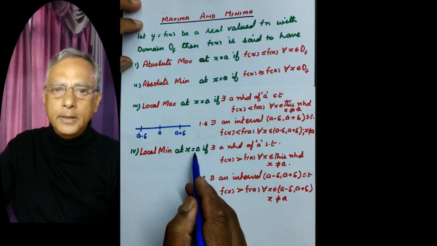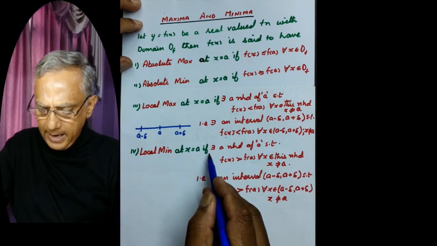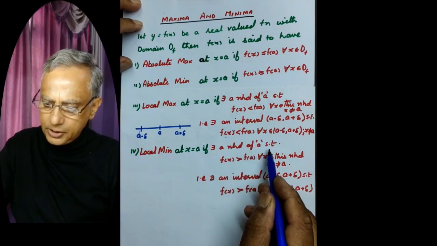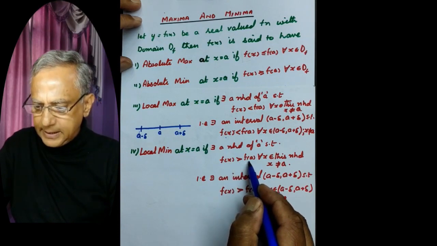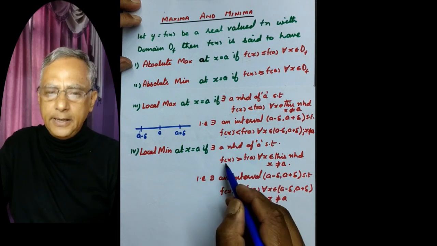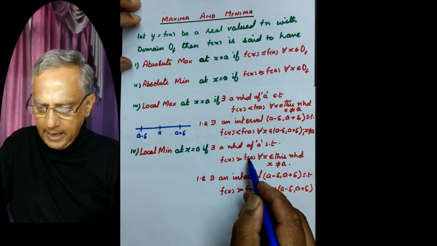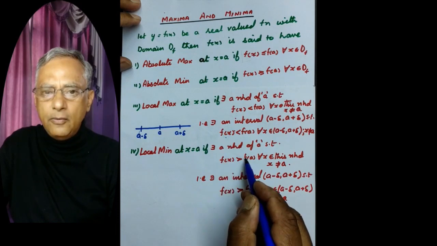Local minimum. The function has local minimum at x equal to a if there exists a neighborhood of a such that f(x) is greater than f(a) for all x belonging to this neighborhood. f(x) is greater than f(a), that is, this is smaller than all other values. Then it will be minimum.